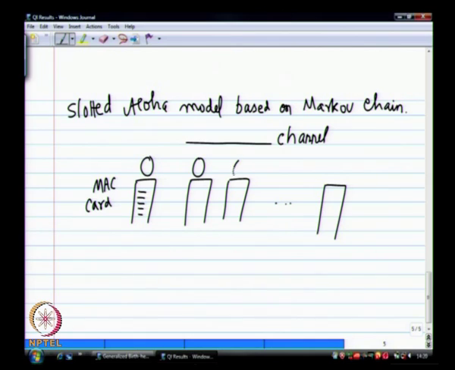I will model that as a server. And the MAC card is getting packets from which layer? It can be from both layers. Let us assume that the packet is coming from the IP layer, because whatever comes from the physical layer simply goes to the IP layer, so not much sharing is done. Sharing is needed only when you want to send a packet. So these are packets coming from the IP layer.